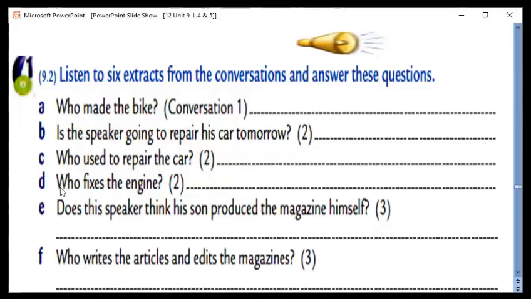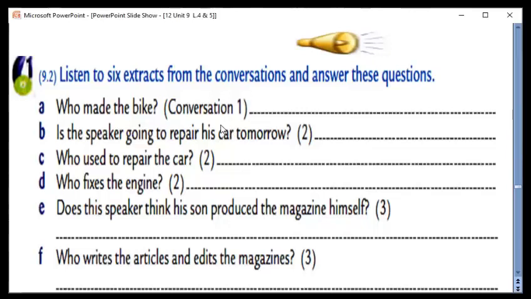D. If the engine goes wrong, I have to have it fixed by an expert. E. Where did you have it put together? F. We all investigate the stories, write the articles, and design the layout.